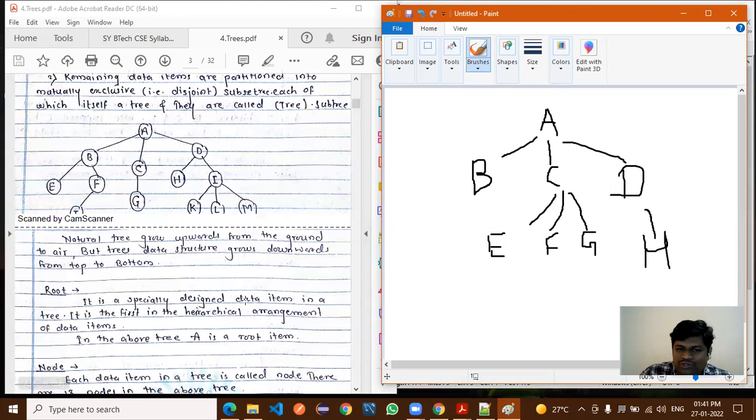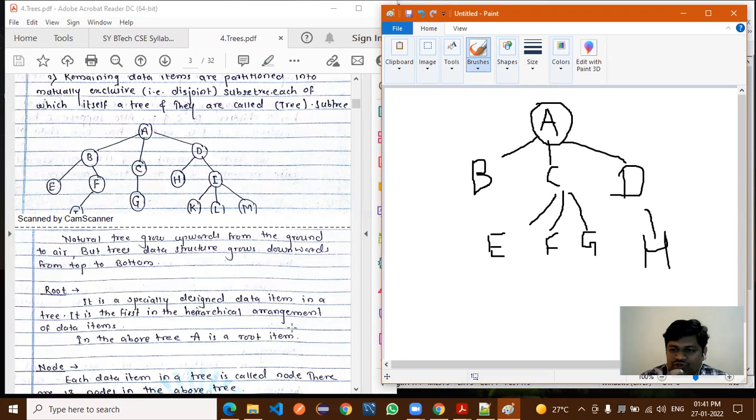Now, what is meant by root? To whom are we calling root here? It is a specially designated data item in a tree, right? A is our root here. In the diagram, A is our root node. It is the first in the hierarchical arrangement of the data.